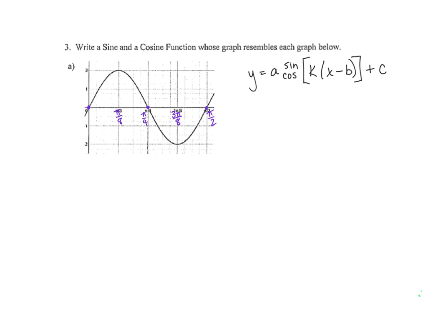So our amplitude, we know we span from a height of 2 to -2. So that total distance is 4. If I were to cut that in half, because my amplitude is half my height, I know that I have an a value of 2. If I then start from my max or my minimum, I know that this has a y value of 2.